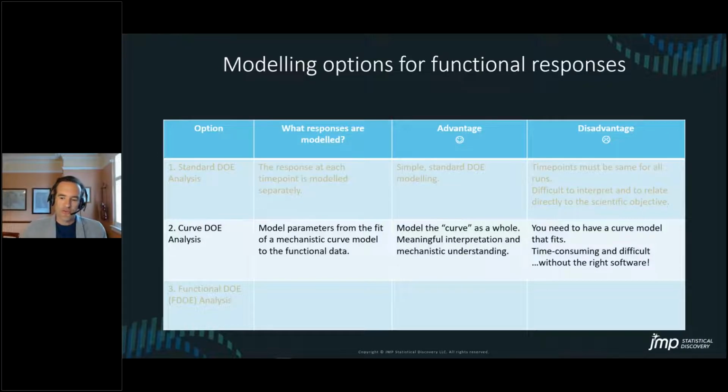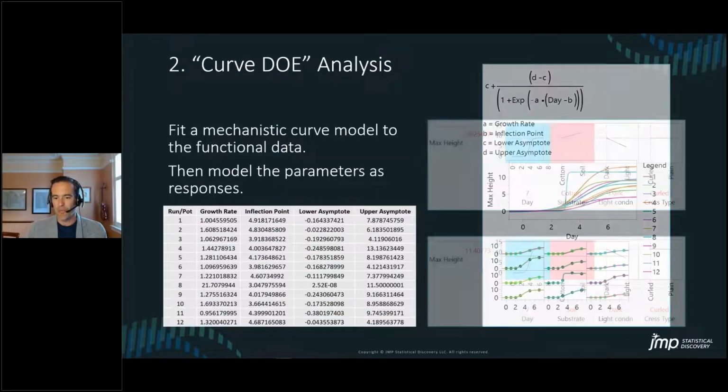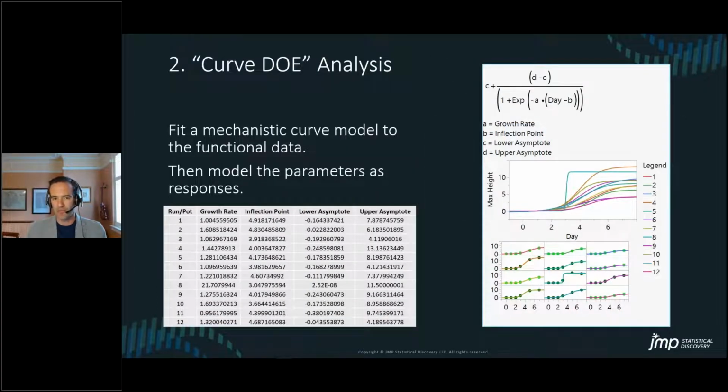Now, some disadvantages. It's not going to work in every case. We need to have a curve model that fits. And actually, if we go back here, this model fit well for most of my runs, but not for run number 8.